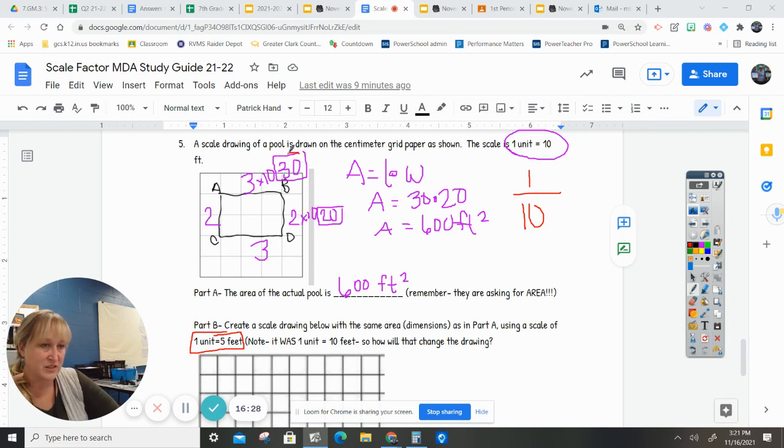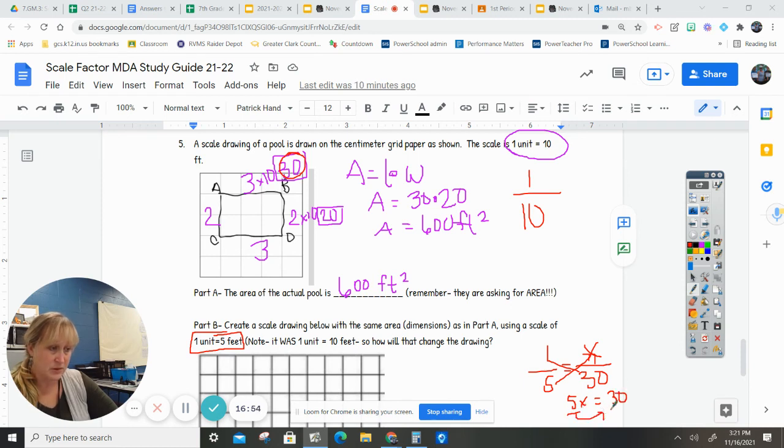So I need to take this 30 and plug it in where I can. 1 over 5 equals, now that 30 is my big number, remember? So I'm going to put that there. And this one's a little complicated. So it's whether or not you understand it. So I get 5x equals 1 times 30.